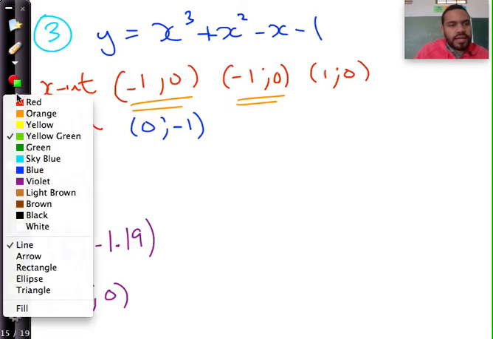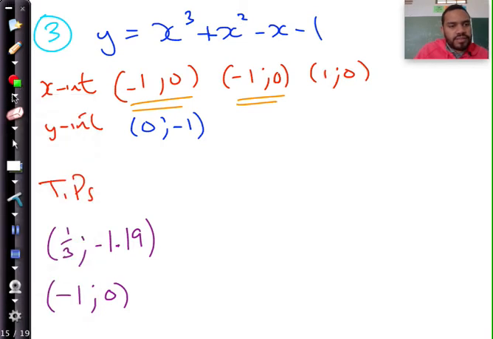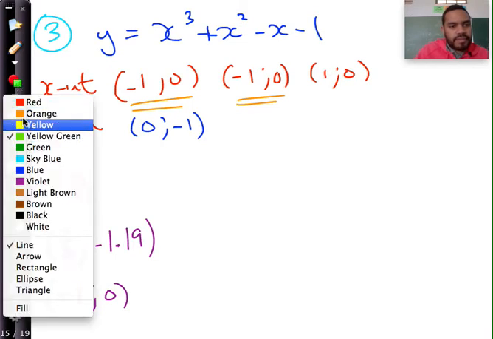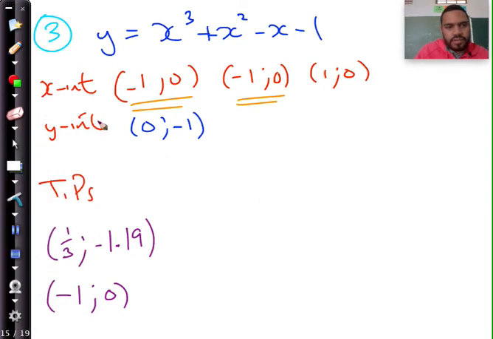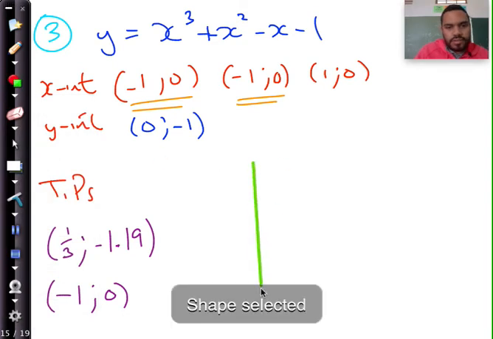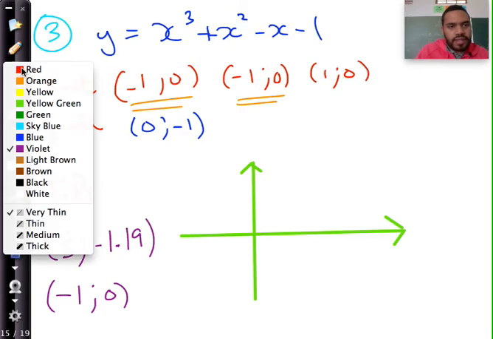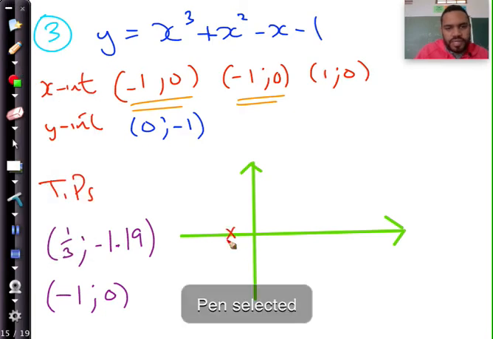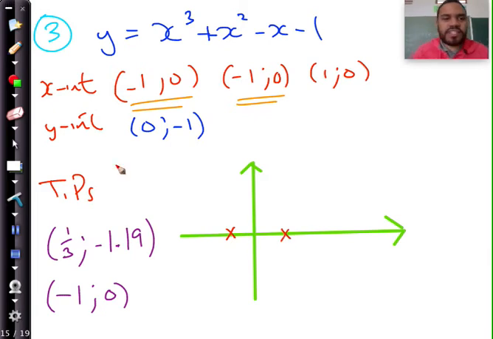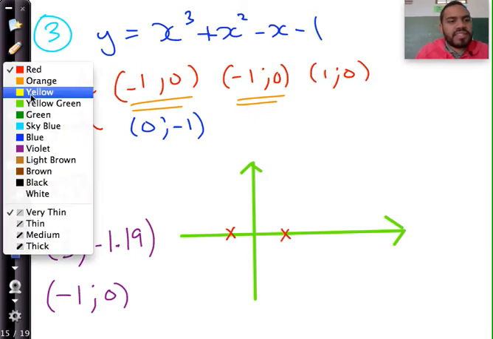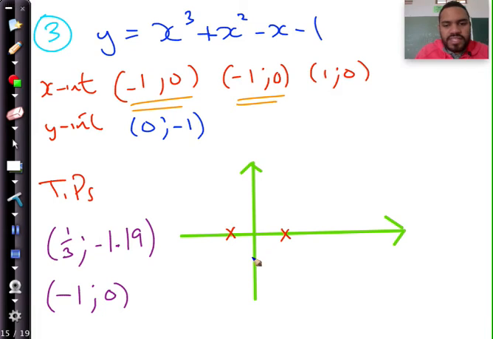Now again, I'm going to sketch this on a curve. Okay, and let's put our intercepts in. That's minus 1 and 0, and that's positive 1 and 0. Remember, this happens twice, so that must be a turning point as well. And then 0 and negative 1, there's 0 on the x and minus 1 on the y.